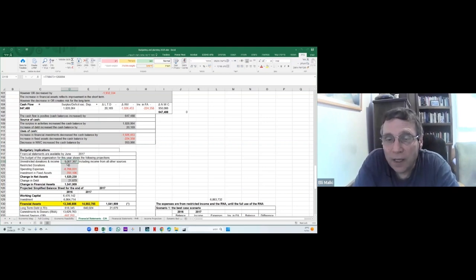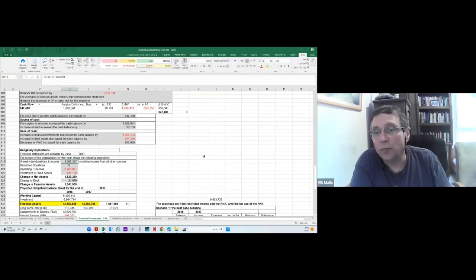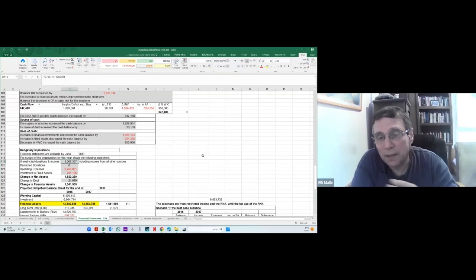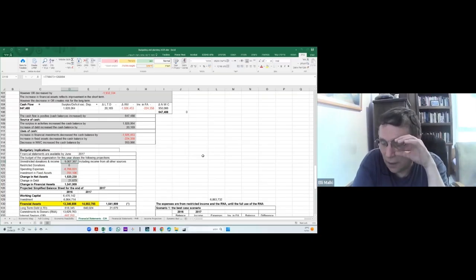We ask ourselves, if these programs did not exist, would that income still be there? So if we have, for example, a government that has an agreement with the organization in which it buys services and pays based on service recipients, as we saw in the exercise, then obviously this income depends on the existence of the program and therefore was allocated to the program.